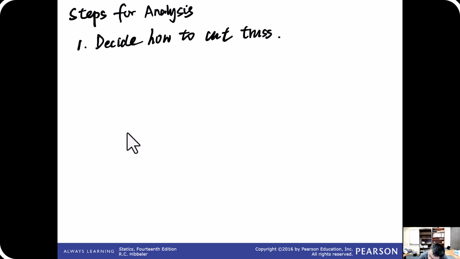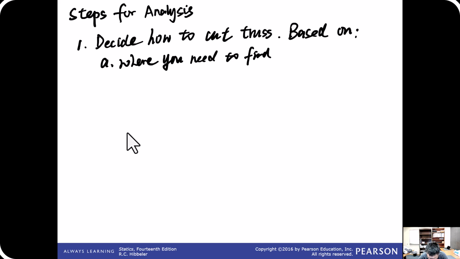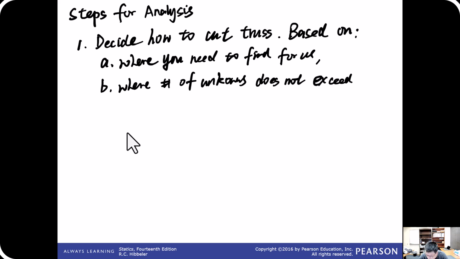It will be based on where you need to find the forces, and also where the number of unknowns does not exceed 3.